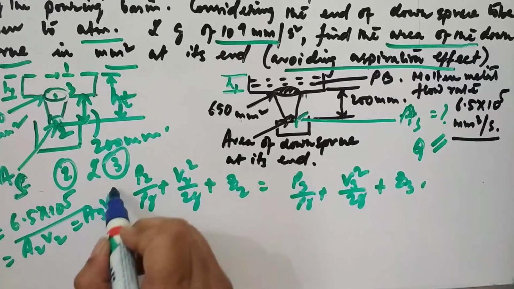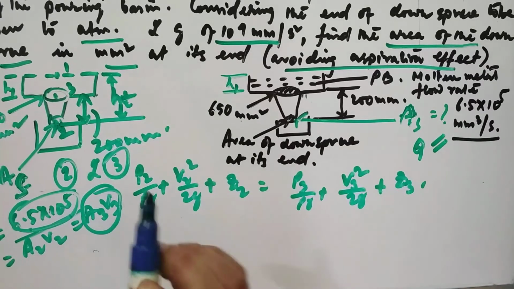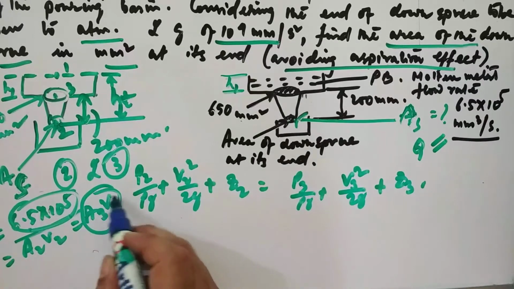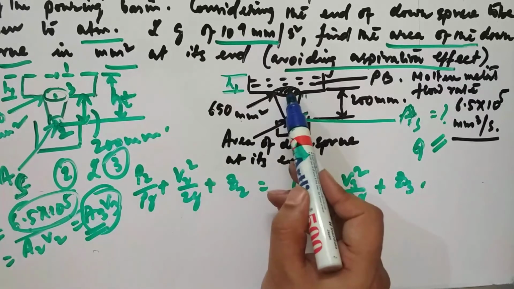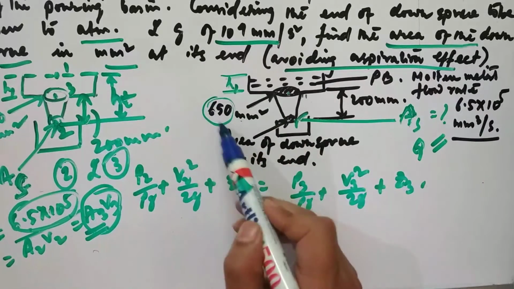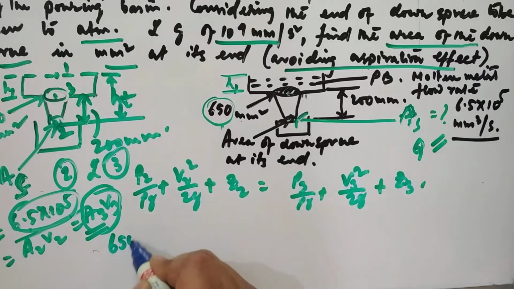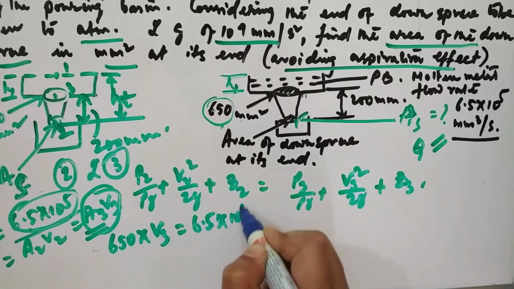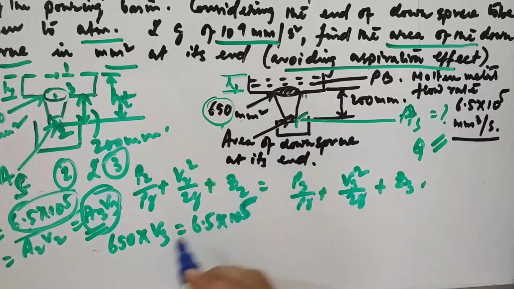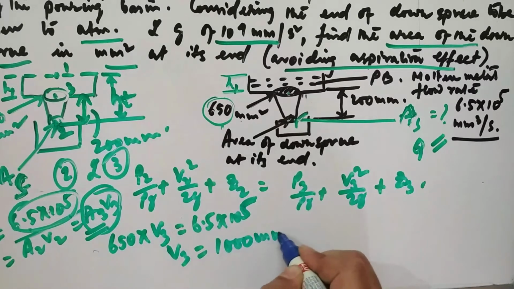If you consider this one and this one, 6.5 into 10 to the power 5 equals A3 V3. From there we can easily calculate V3, as we know A3, this point is the A3, so we know the area. So A3 is 650, and 650 into V3 equals 6.5 into 10 to the power 5. Now from here V3 is coming out to be 1000 millimeter per second.